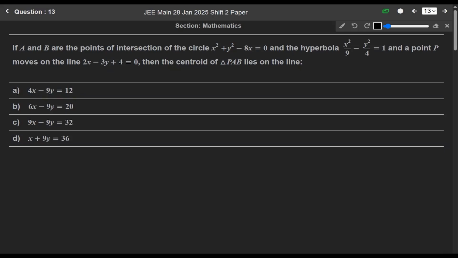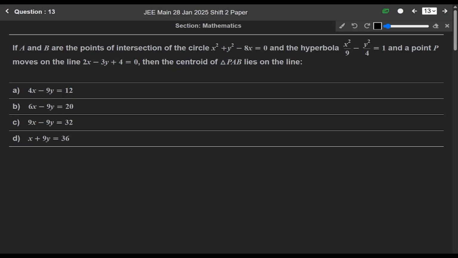Now question number 13. If A and B are the points of intersection of the circle x² + y² − 8x = 0 and the hyperbola x²/9 − y²/4 = 1, and a point P moves on the line 2x − 3y + 4 = 0, then the centroid of triangle PAB lies on the line.